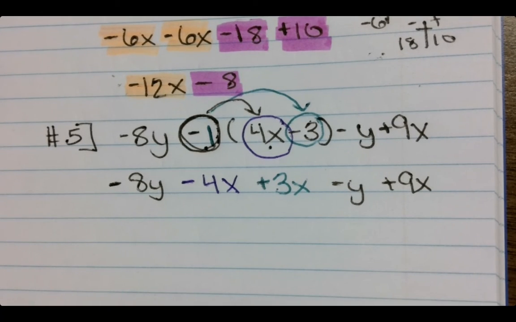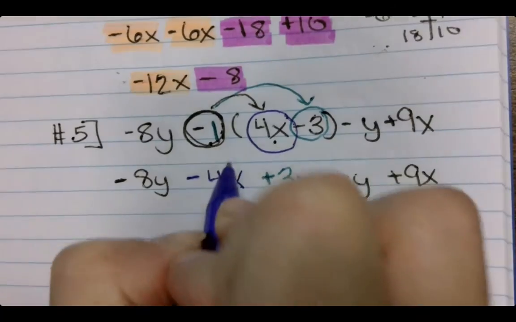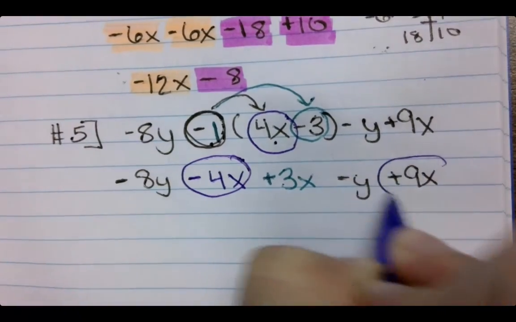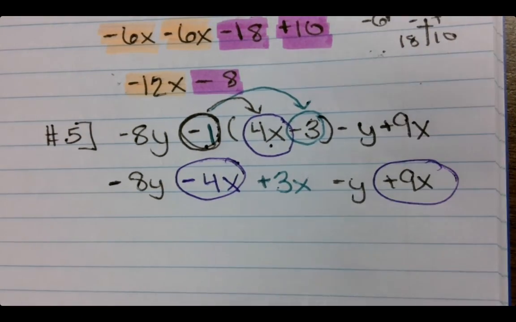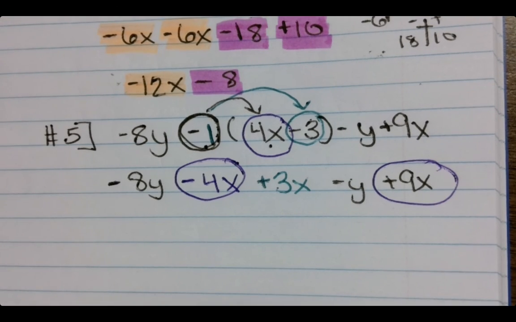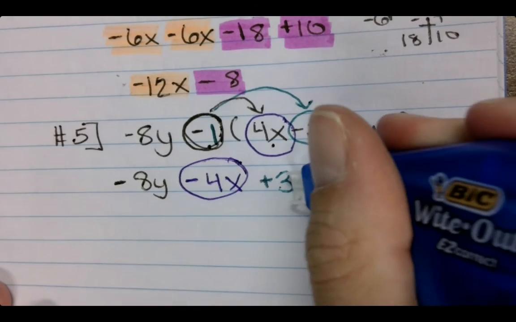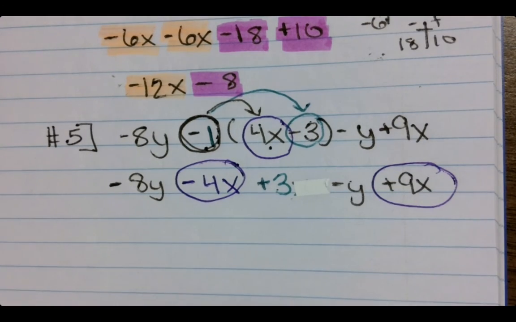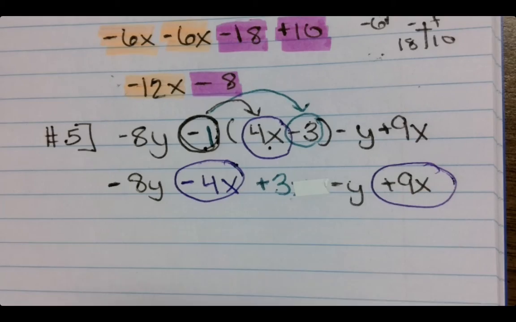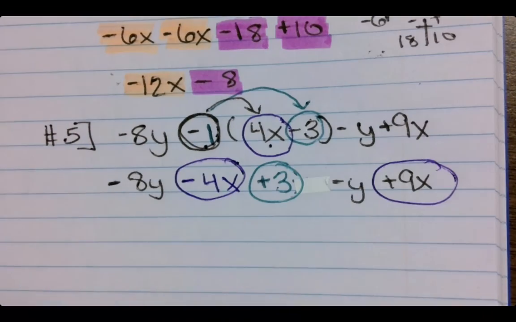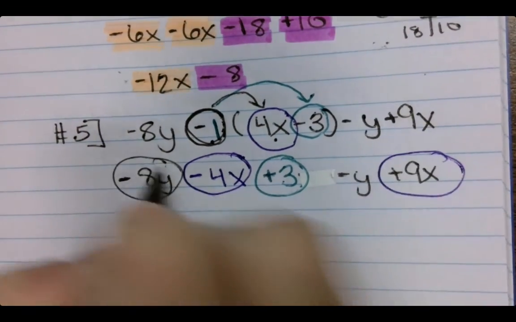If we combine things that are alike, this and this would be combined. Oh, that's just negative. I'm so sorry. And then the +3 is its own thing. And then these two would be combined.